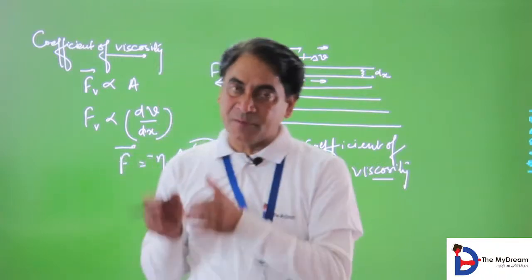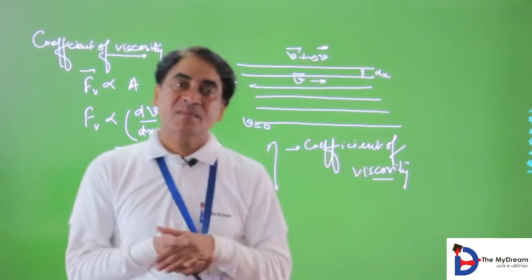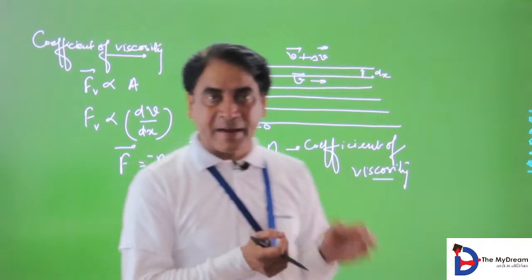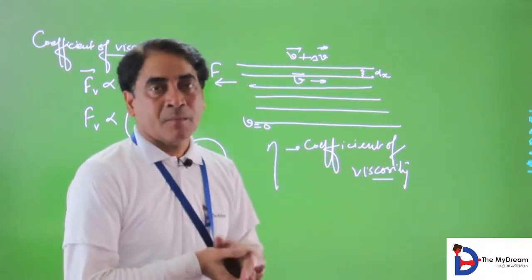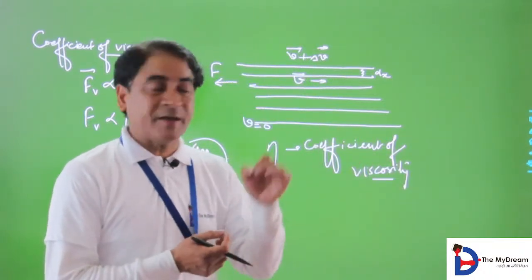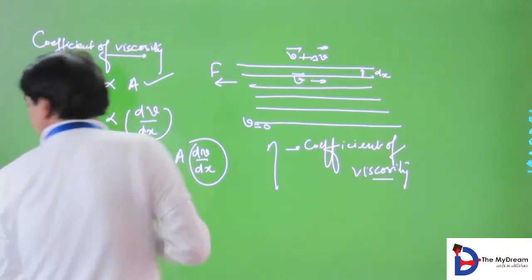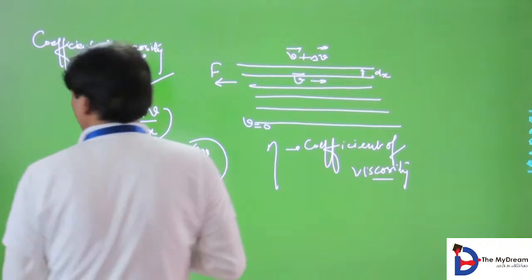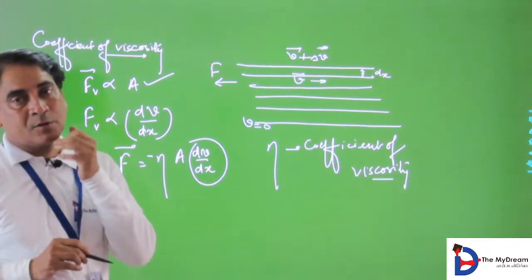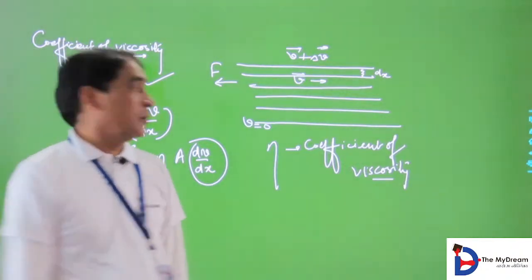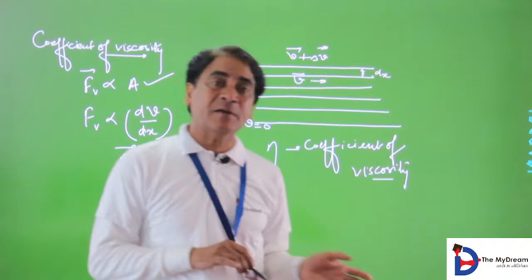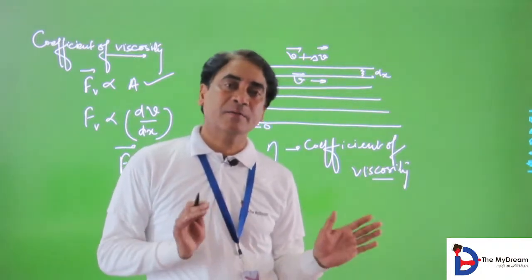When we are talking about the force of friction in solids, it does not depend upon the area of contact between the tires and the road. But viscosity depends on the area of contact, whereas viscosity does not depend upon the normal reaction.